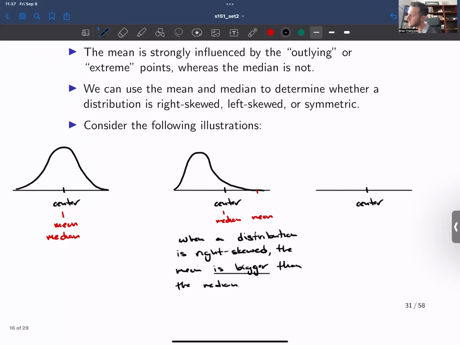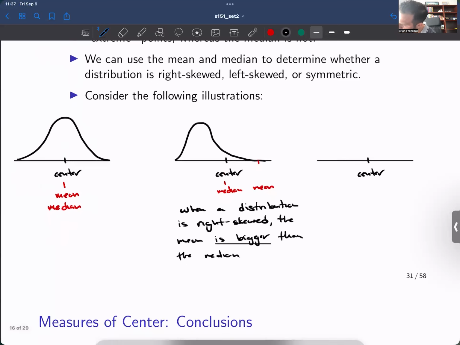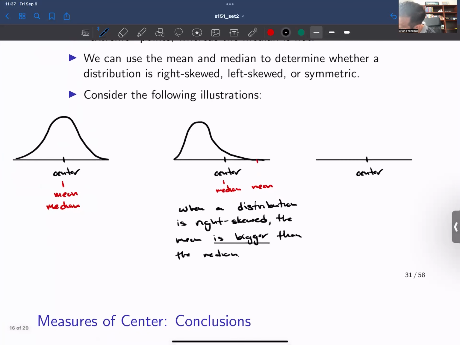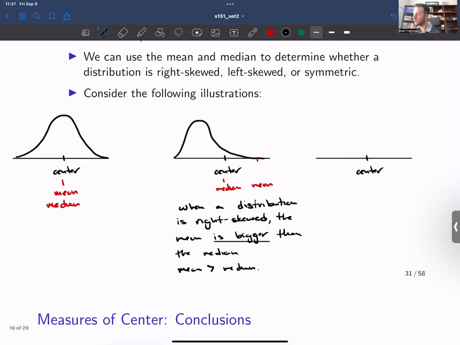In short form notation, we would write mean is greater than the median. So this inequality symbol here is saying the mean is bigger than the median. This is a short form notation for what is written above.